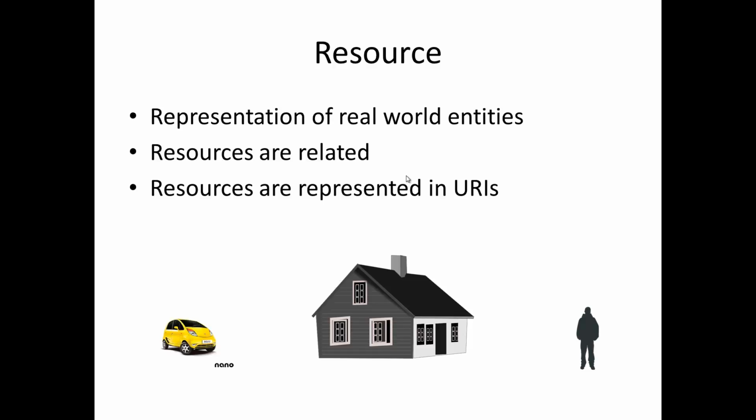So you might have resources in your API that are actually different to what you usually use internally in the model, because you have your consumers in mind, and they might have a different perspective on the data that you have. So they are related, and this is also part of the response. You see the relations in the response? And resources are represented in URIs.